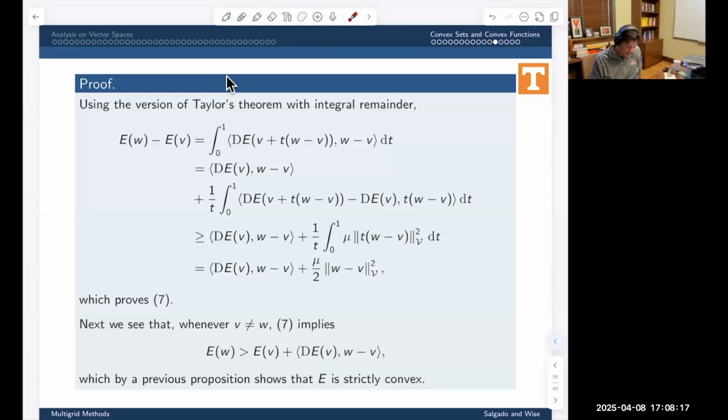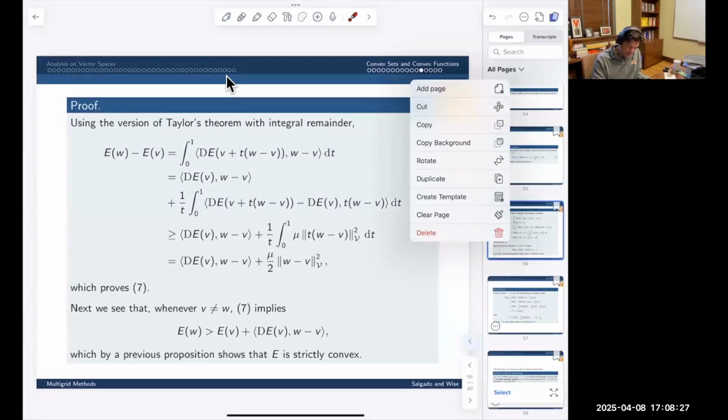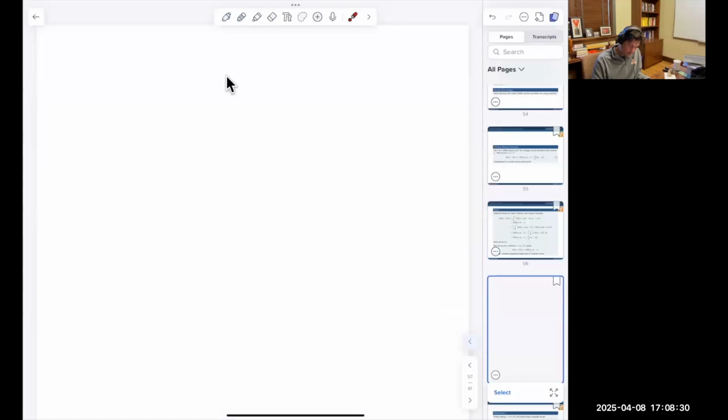I think the only way I can rescue this calculation is if I make a separate sheet of paper. I'm not going to be able to do it otherwise. Okay.